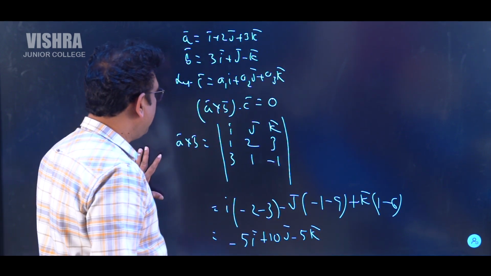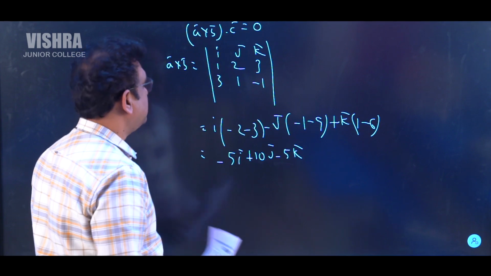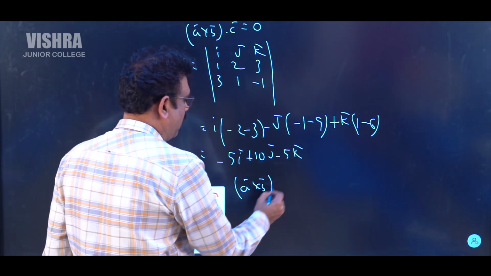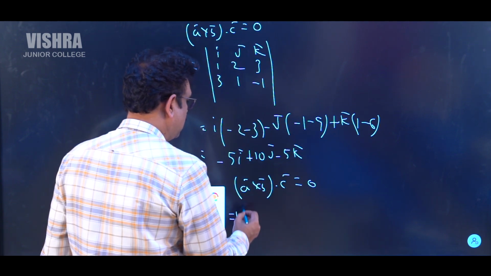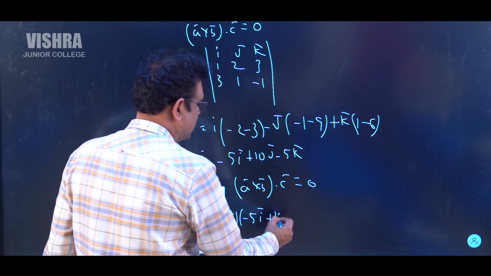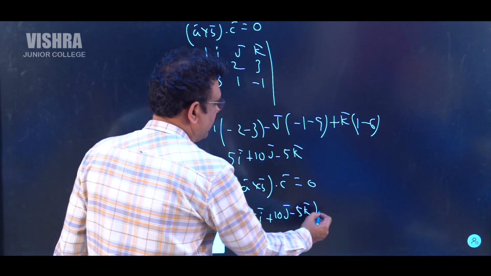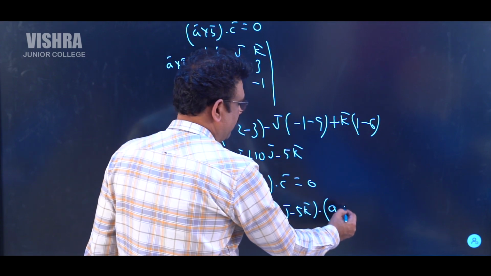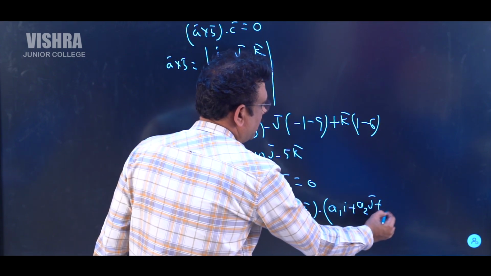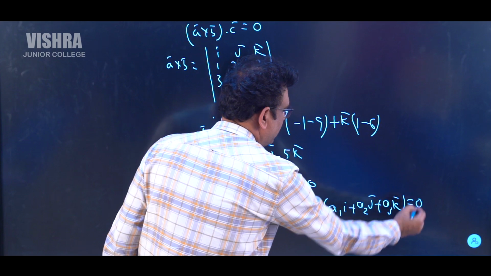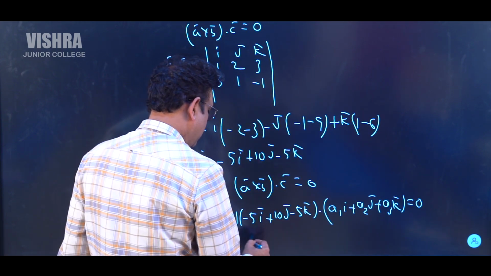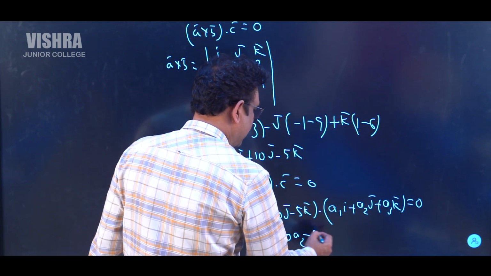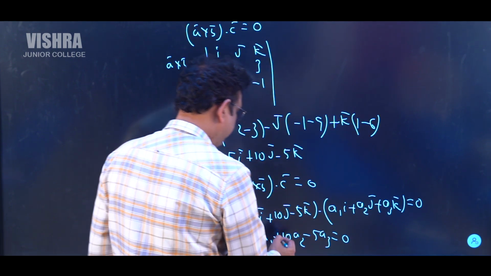So A bar cross B bar dot C bar equal to 0, that is (minus 5 I bar plus 10 J bar minus 5 K bar) dot (A1 I bar plus A2 J bar plus A3 K bar) equal to 0. So that is minus 5 A1 plus 10 A2 minus 5 A3 equal to 0.